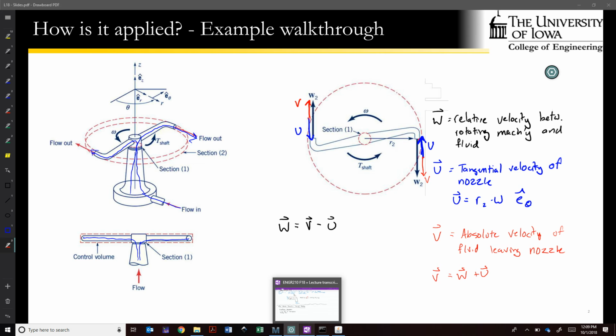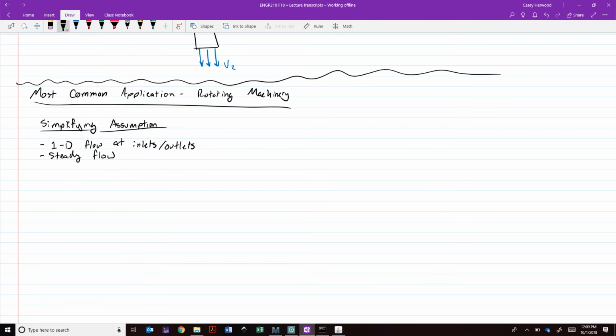With these definitions in place, we could go ahead and write the angular momentum equation that we had before.